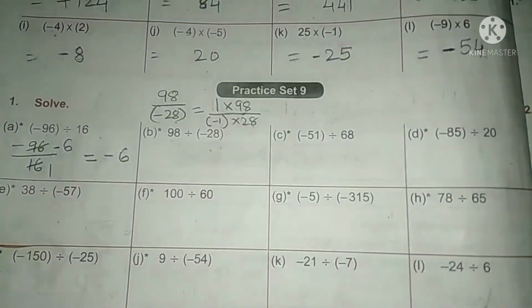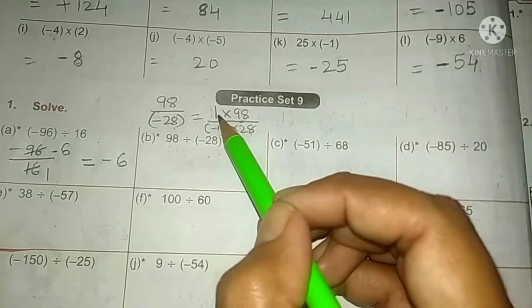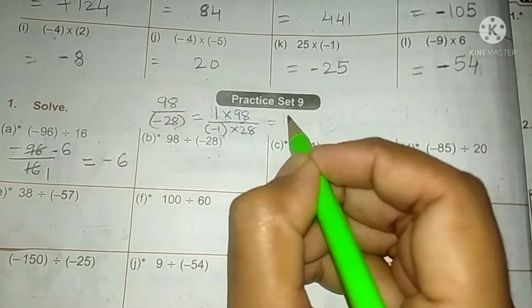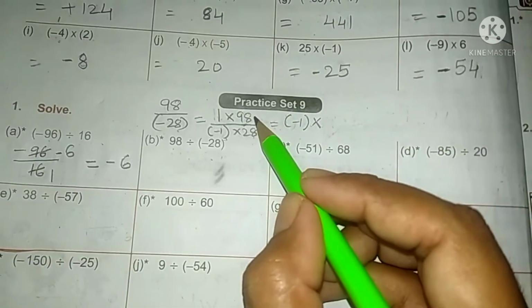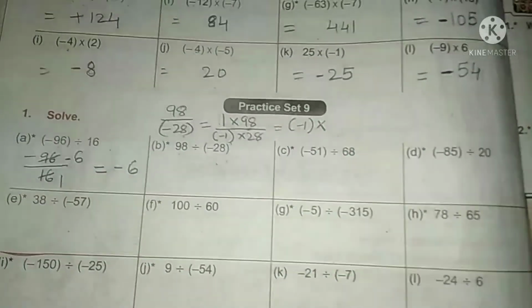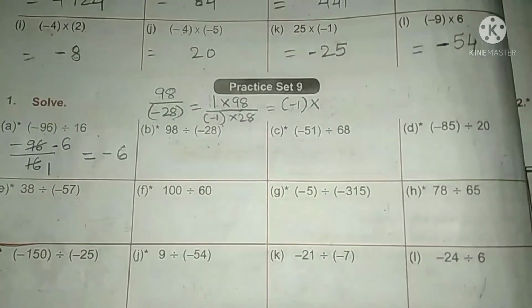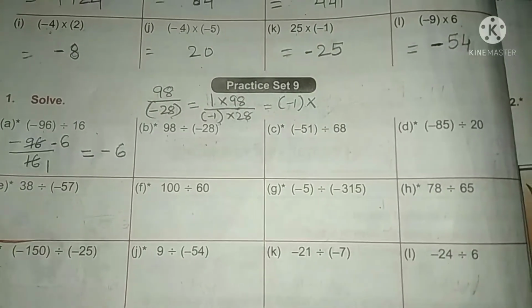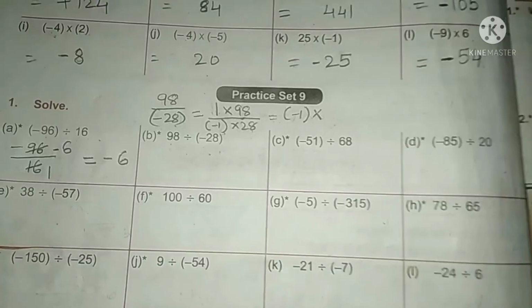Clear? Now further, first we have to divide 1 by minus 1. What will you get? You will get minus 1, multiplied by 98 and 28. Now 98 and 28 are divisible by which number? Can you tell me? 98 and 28 are together divisible by 14.